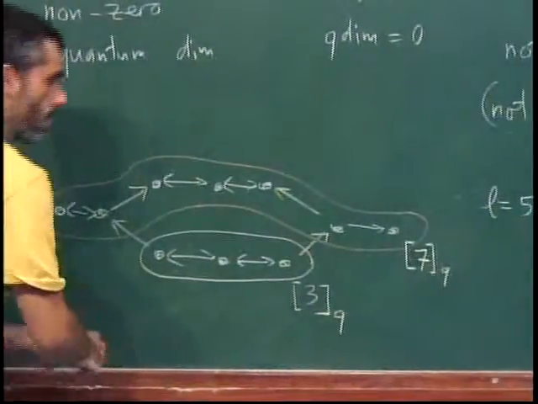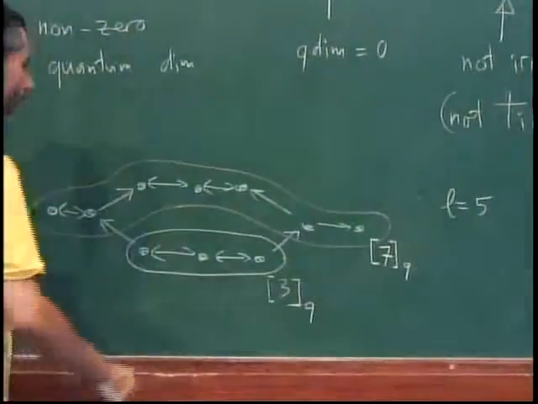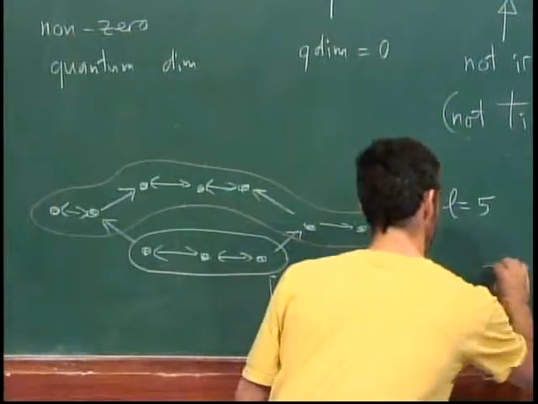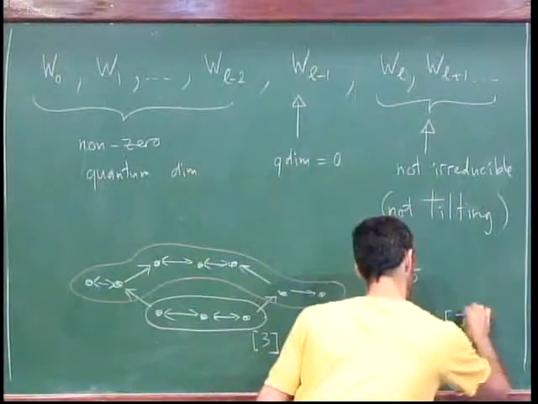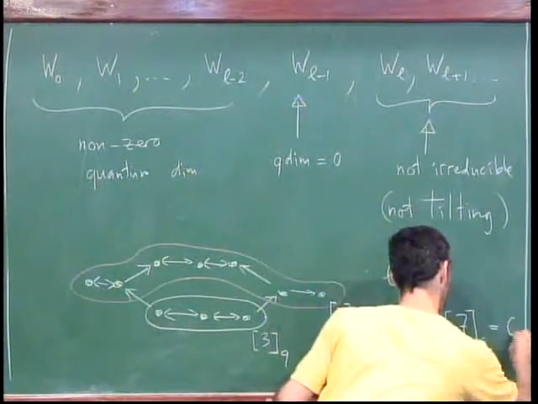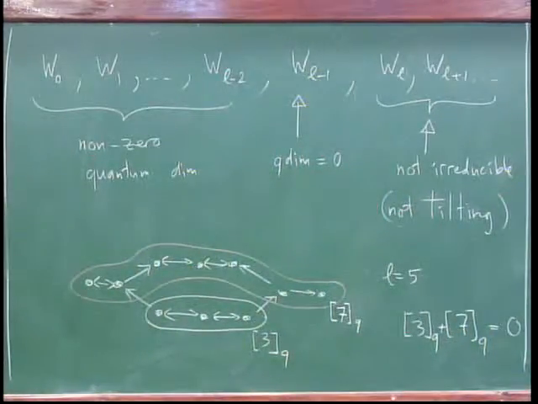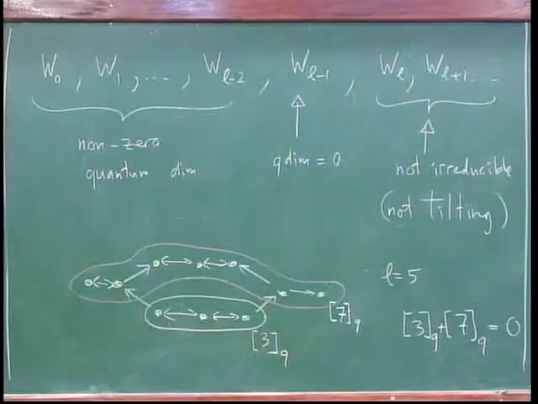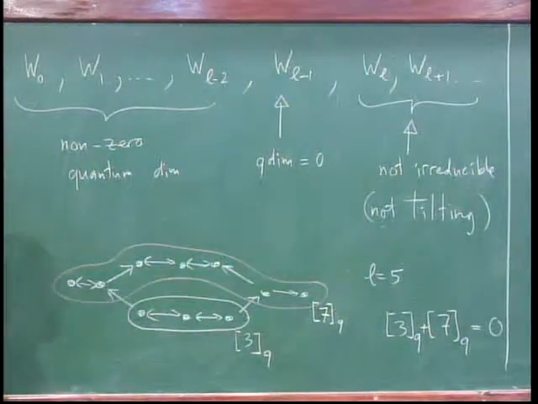And when q squared is of order 5, then we have quantum 3 plus quantum 7 equals 0. That's just something you can check. So 3 itself is not 0, 7 itself is not 0, but 3 plus 7 is 0.